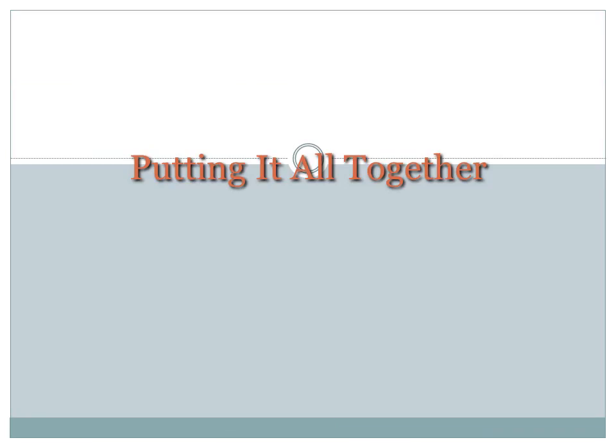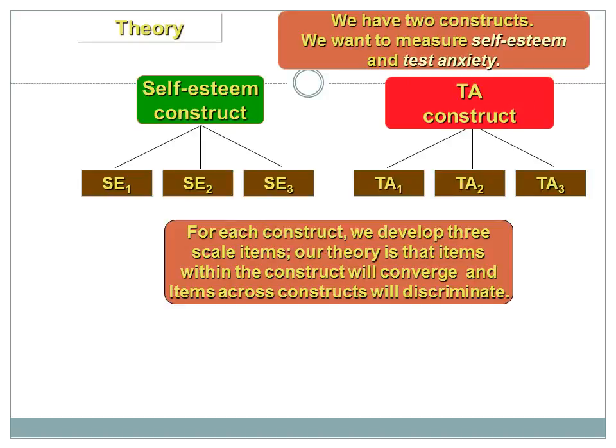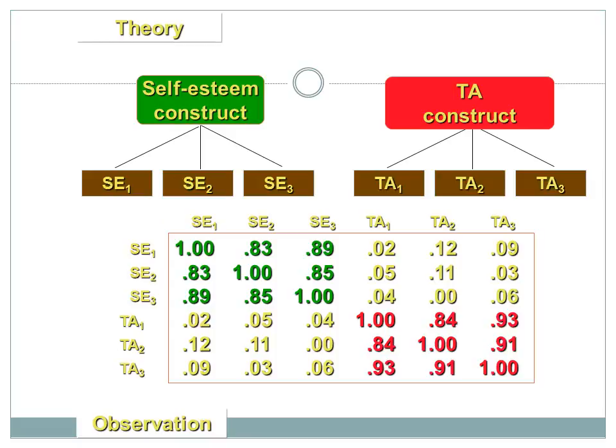Now, generally, when we put it all together, convergent and discriminant validity, we actually put them in a matrix together, what is called a multi-trait, multi-method matrix. We would basically take, in this example, let's say 3 items from self-esteem, 3 items from test anxiety, and put them all together in one giant matrix. And if you look at the upper left where it's green in color, that's the correlation between self-esteem and all its items.